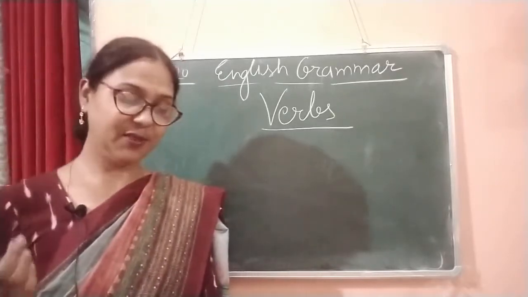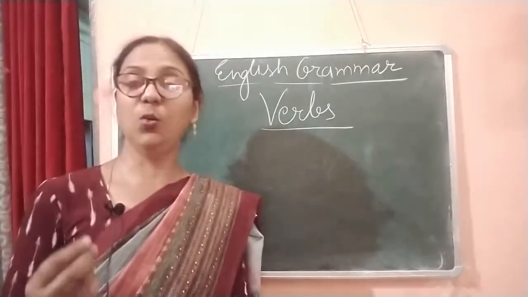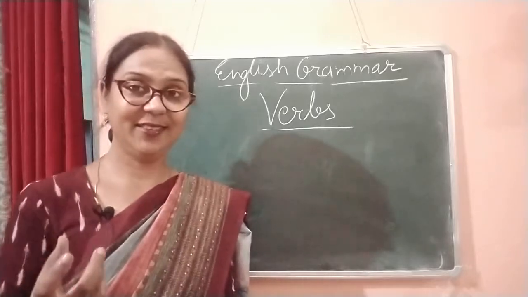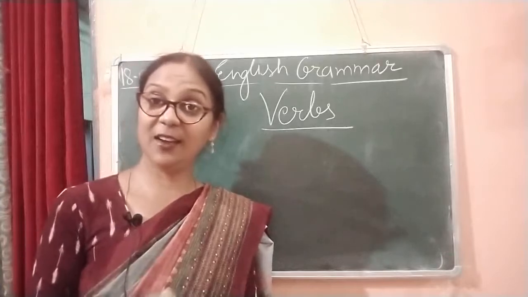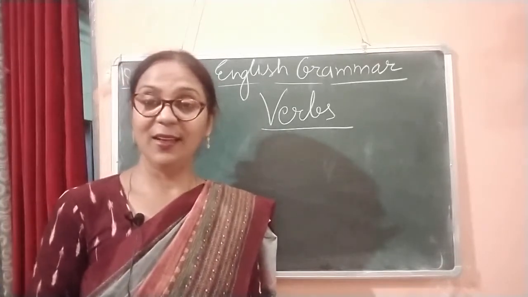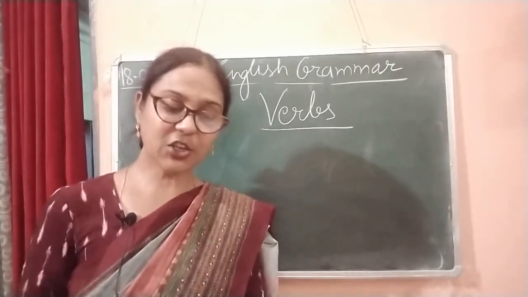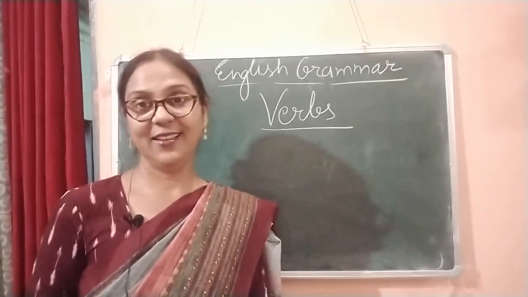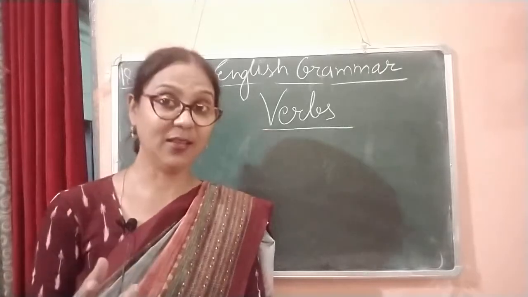What are verbs? A verb is a word that is used to denote an action. It means it shows the action, just like jump, play, eat, drink. These are all action words. And the condition of the subject or what is possessed by the subject is also denoted by verbs.